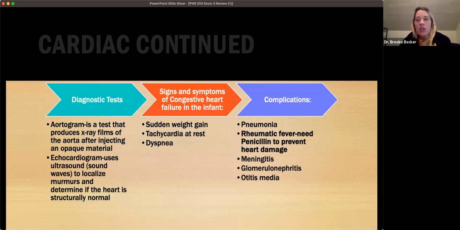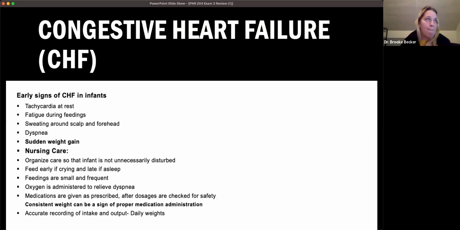So kids who have had rheumatic fever then need to have preventative penicillin treatment, penicillin prophylaxis, to hopefully reduce their risk of getting further strep, further affecting their heart. Does that make sense? Okay.